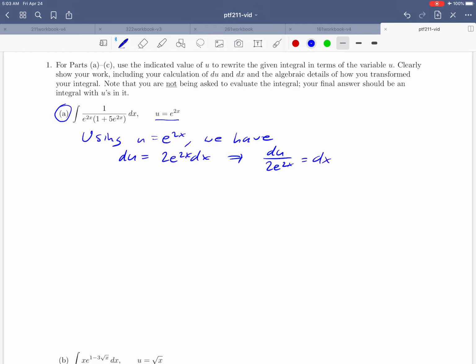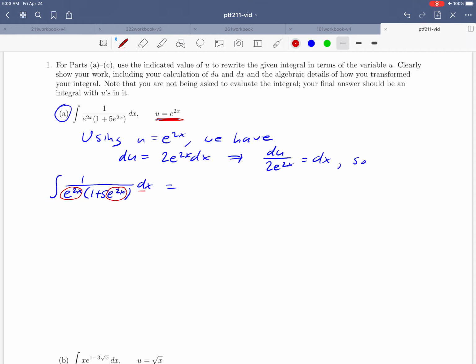We're going to take all of that information and see if we can rewrite the integral that we started with in terms of u. All right, so here's the integral that we were given. You can look at the integral and see that there are a couple of places where there's an e to the 2x, and we made the substitution u for that e to the 2x, so we'll replace those with u's.